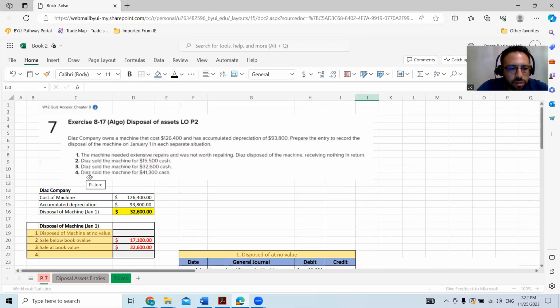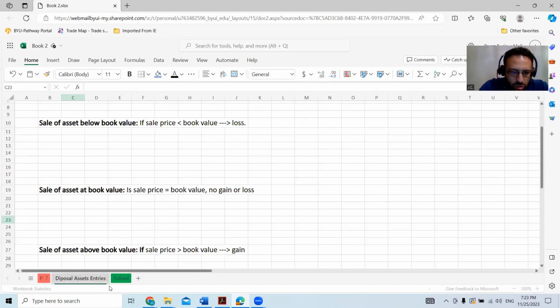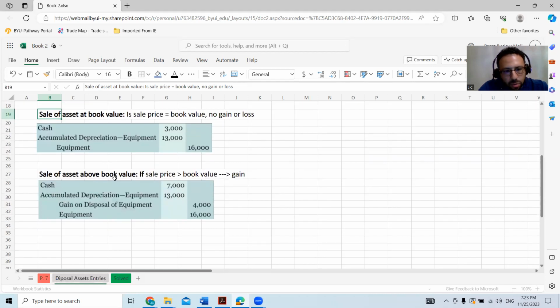On the fourth one, it says that we sold the machine for $41,300, and that's above the book value. So that means that we gain some cash here. It's called selling an asset above book value.